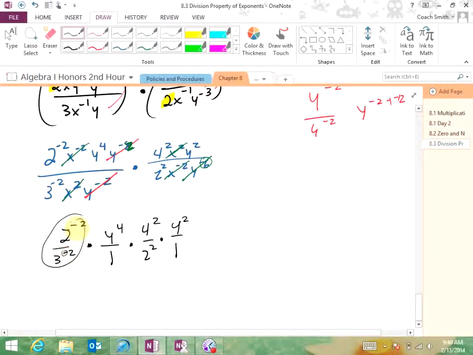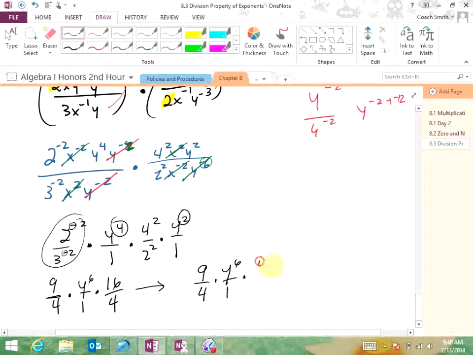Because of my negative here and my negative here, they just flip, and that gives me 9 over 4 times y to the 6th over 1, there and there, times 16 over 4, which is 9 over 4 times y to the 6th times 4 over 1, which is cross cancel. So 9y to the 6th.